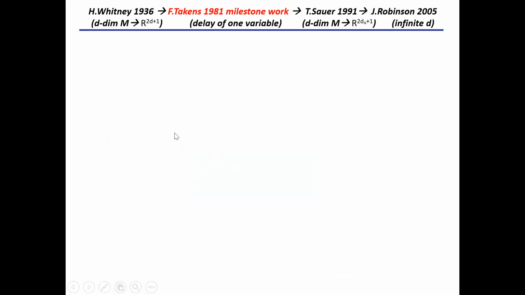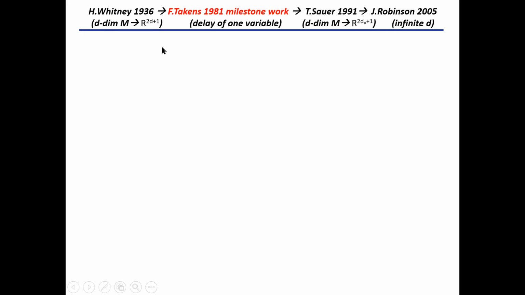Before I show our theory, I need to talk a little bit of history about the embedding. The embedding is widely used in the machine learning area.